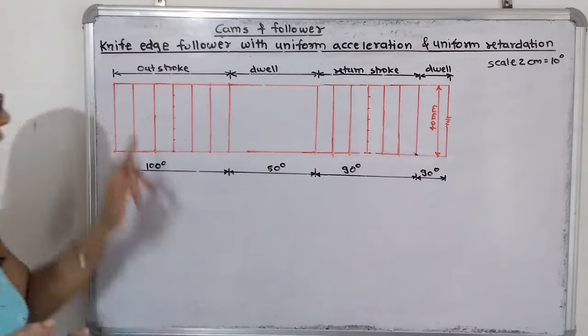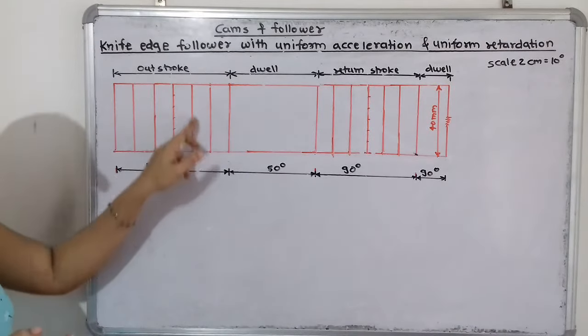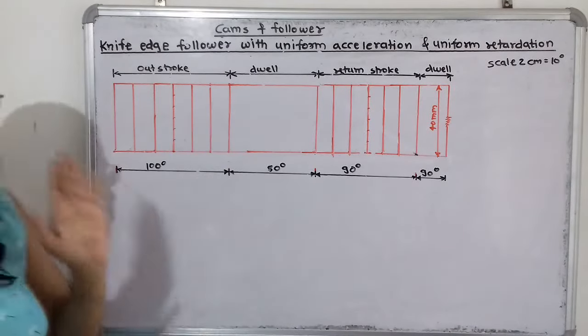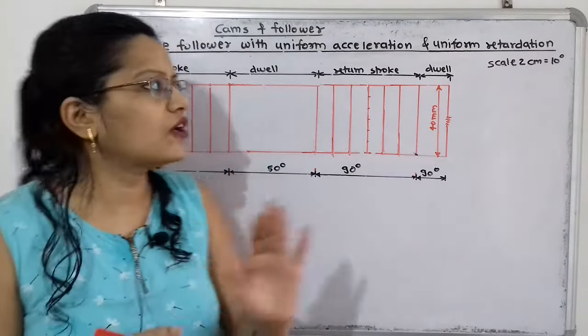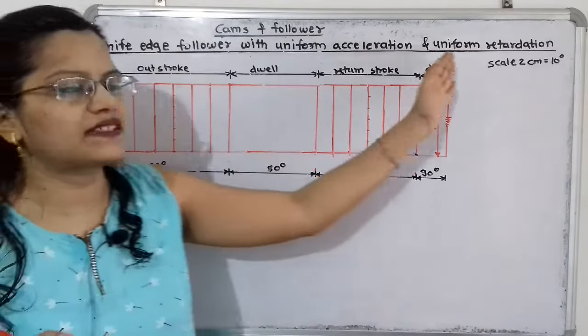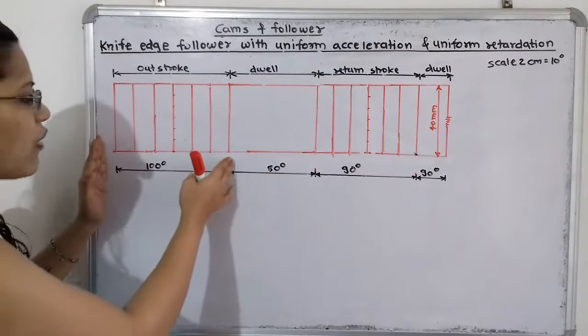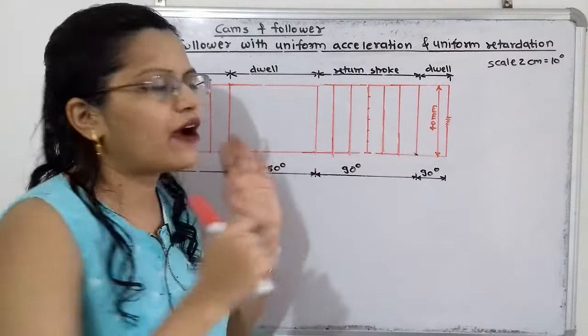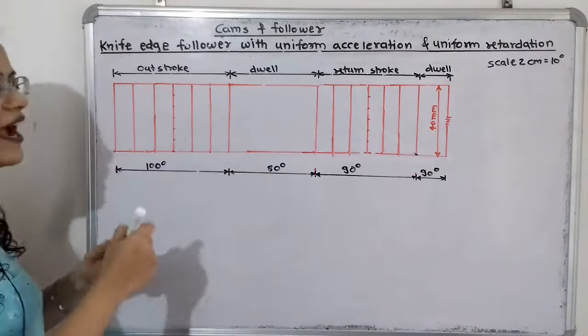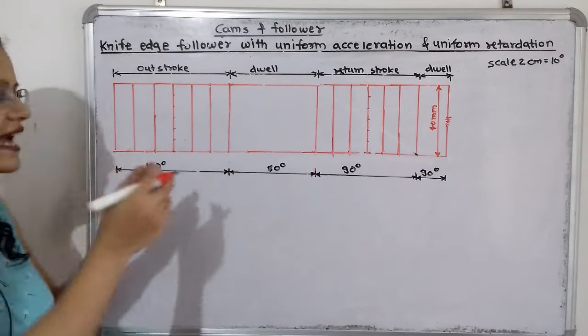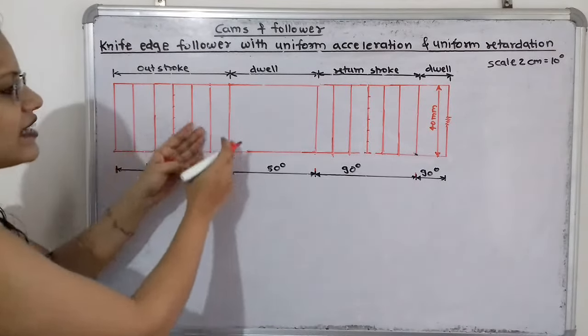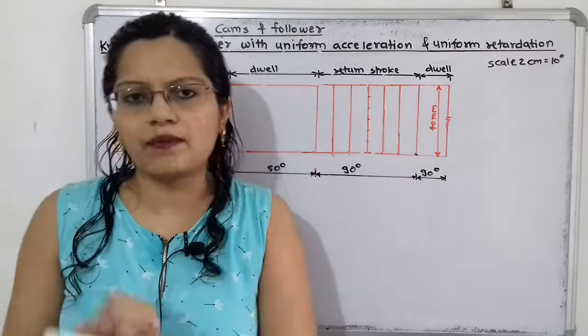Now we have to draw the vertical lines passing through these parts. We have to select the middle line because the motion is with uniform acceleration and uniform retardation. So for this outstroke and return stroke we have to select the middle line, in such a way that on the left hand side and right hand side there are equal number of parts.